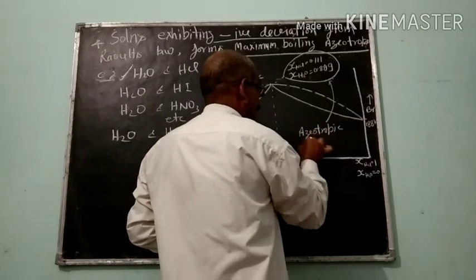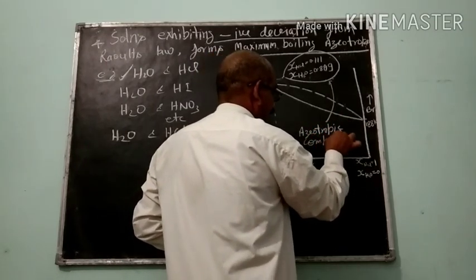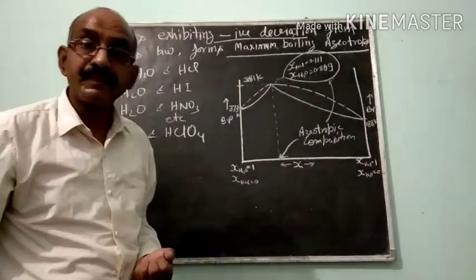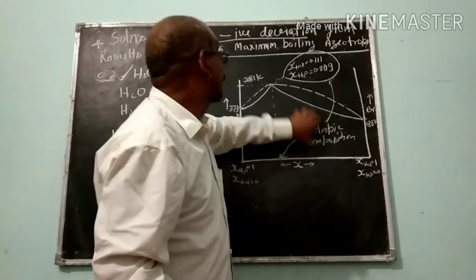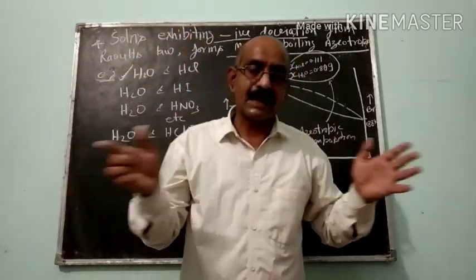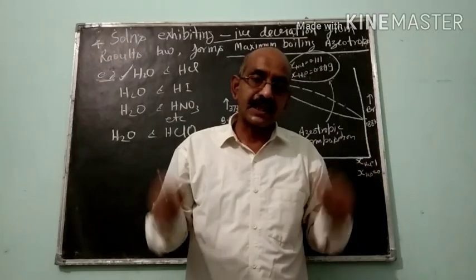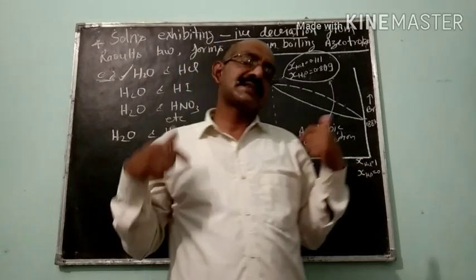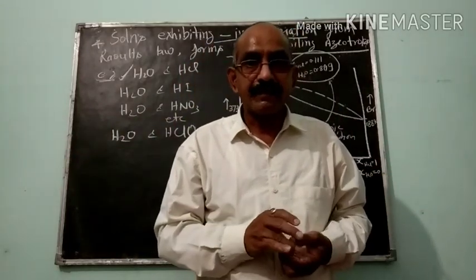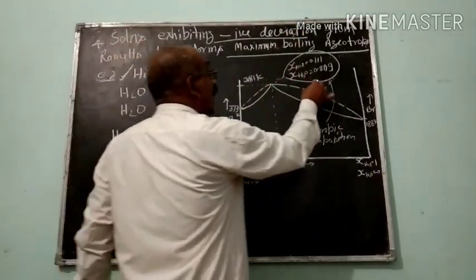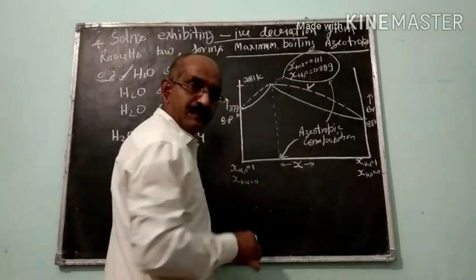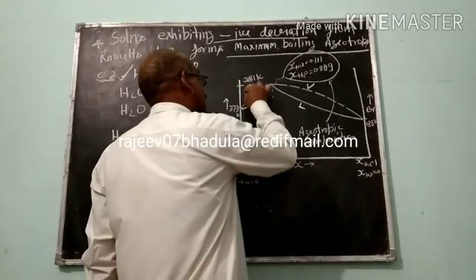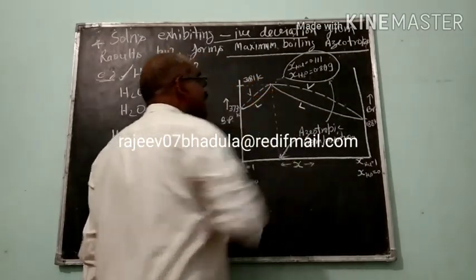Azeotropic composition. Is it clear? See, again, this azeotropic composition can't be separated by fractional distillation. अगर हमें 100% सेपरेट करना है तो some other methods we must apply. Again, यहाँ पर भी जो upper curve है denotes vapor phase, जबकि ये जो lower curve है denotes liquid phase. Here it is vapor phase, this one is liquid phase.